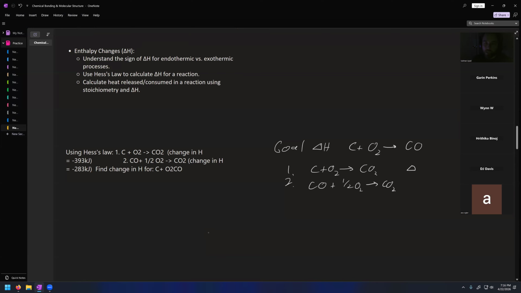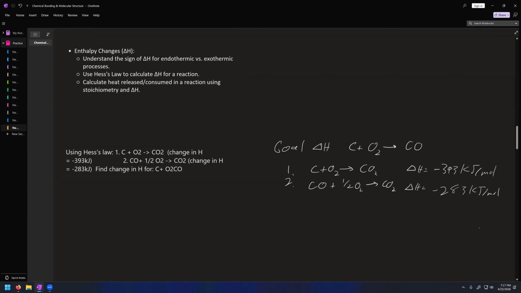The delta H for each of those was also included, and it's a necessary piece of information for us to calculate our new change in enthalpy. For the first equation, delta H is negative 393 kilojoules per mole, and similarly, down below, negative 283 kilojoules per mole.